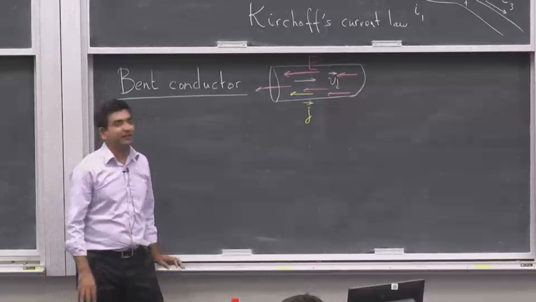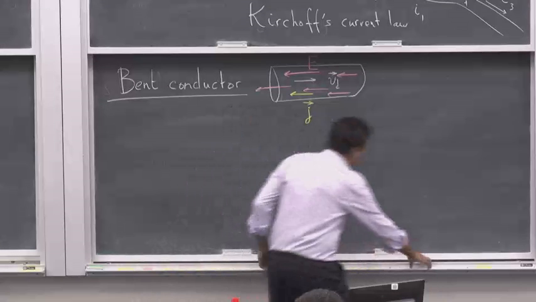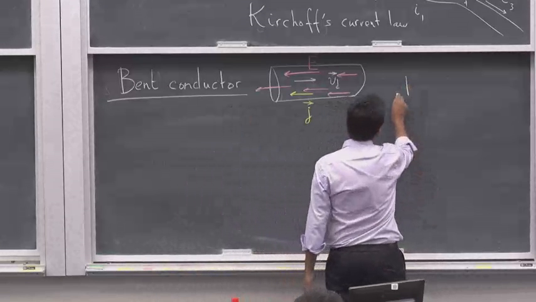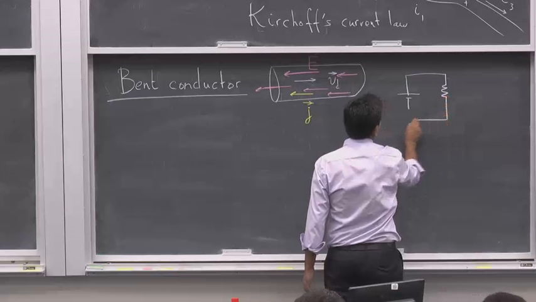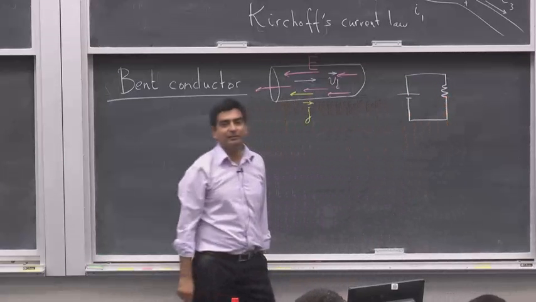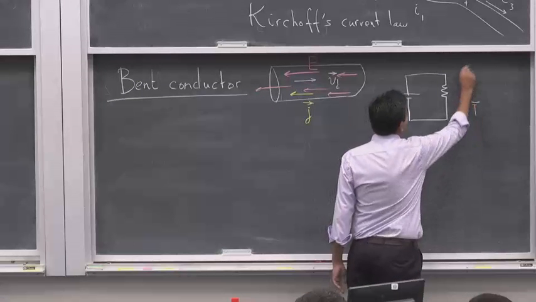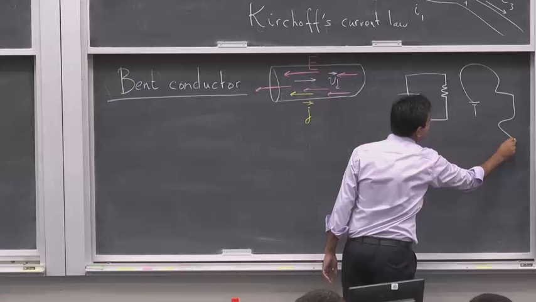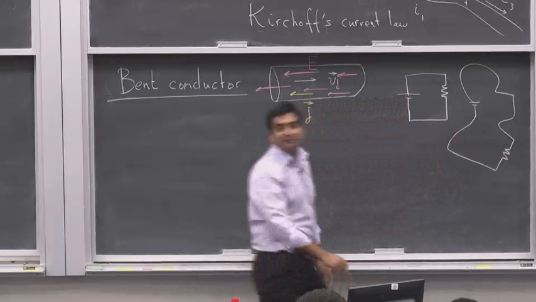Now so far, when you talk about circuits, for the purposes of circuits, if you draw a circuit like this, it's the same as if you drew a circuit like this. It's the same.